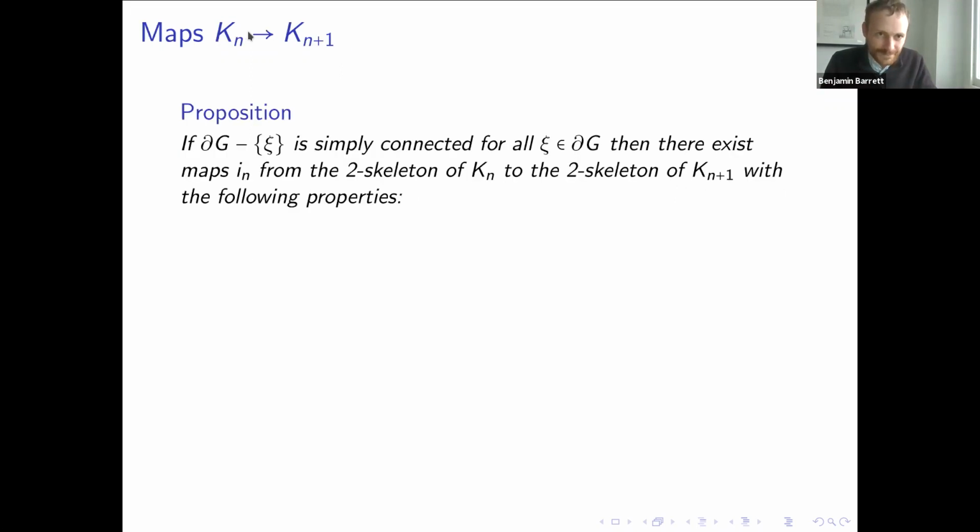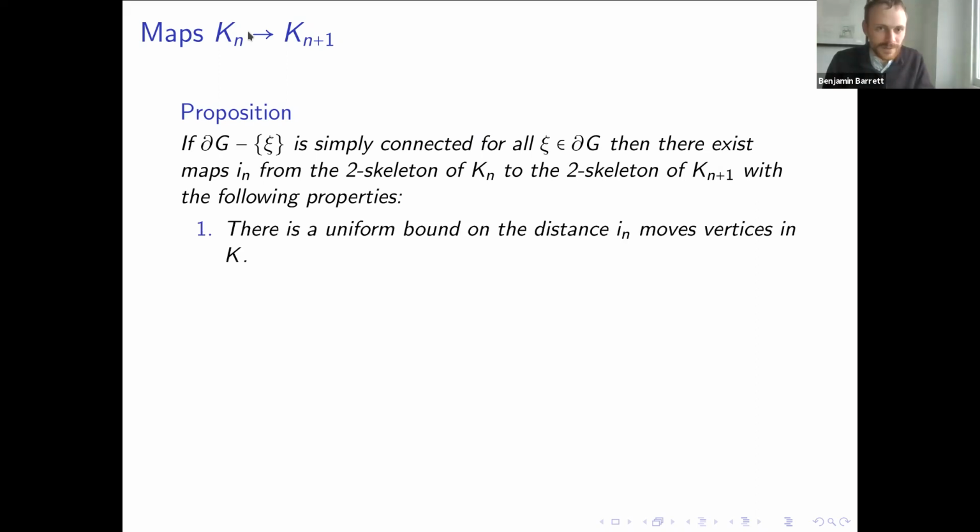A step in the proof is to show that as well as mapping inwards from the boundary onto K_n, you can also map outwards from at least the 2 skeleton of K_n onto K_{n+1}. So you can define maps I_n that map the 2 skeleton of K_n onto the 2 skeleton of K_{n+1}, from the radius n bit to the radius n+1 bit, with a couple of properties.